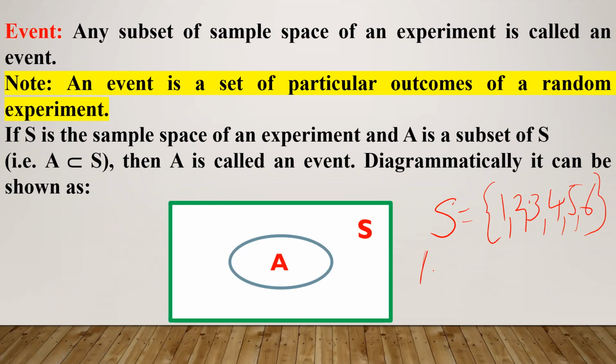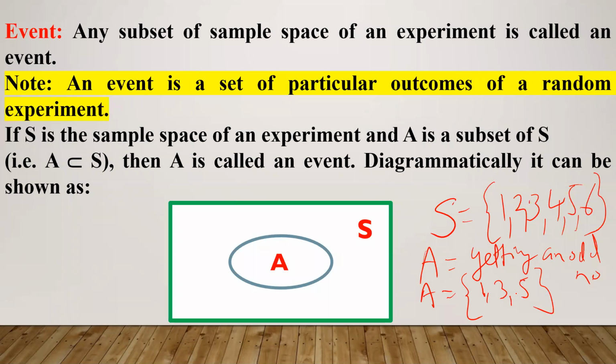And I can define my event A as getting an odd number. So what sample points will A have? Odd numbers out of these are 1, 3, and 5. Odd number means a number which is not divisible by 2. So my event is A.